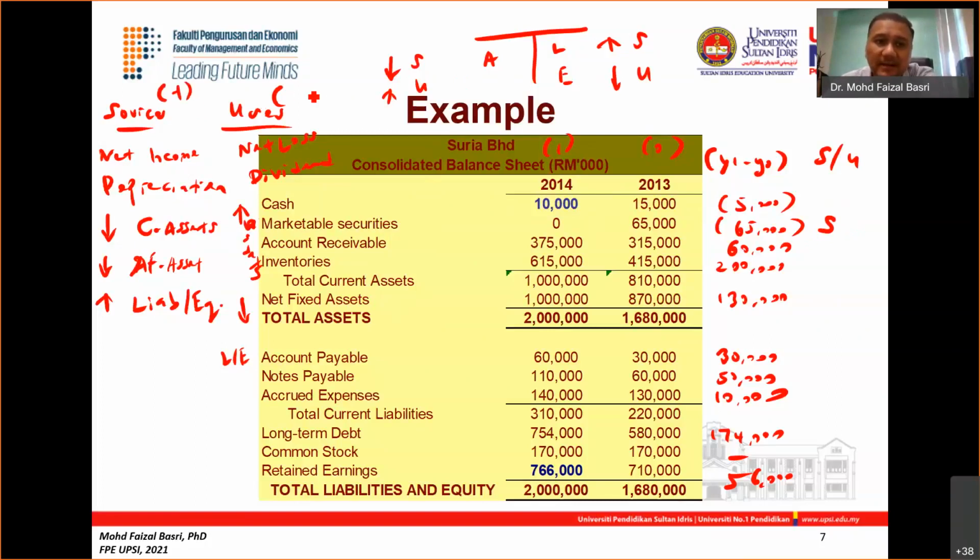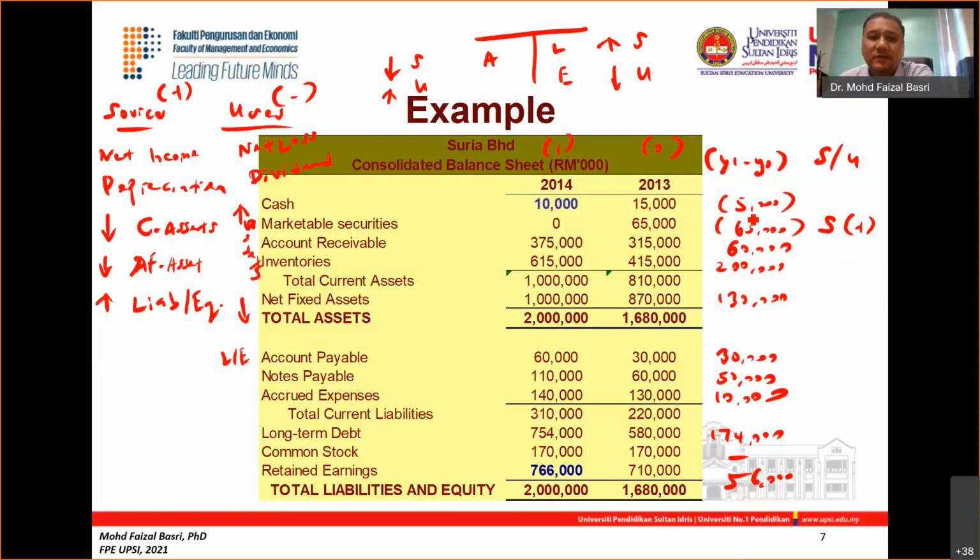For users, you need to minus. So here, technically, you will add. Meaning when you put the items in your cash flows, you're going to add this 65. Don't get confused with this negative sign. Even though here it is negative, when we do our cash flows, we will add this 65,000. So the negative here doesn't mean it's a negative value. It means it reduces in value. The positive means they increase in value.